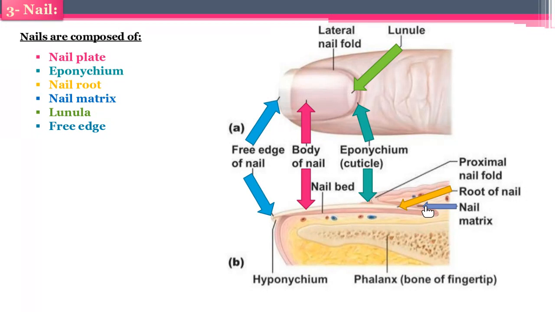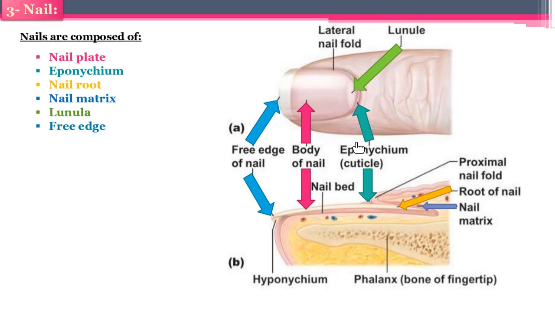So basically the nail is composed of these parts. If you remember the free edge of the nail, the body of the nail, hyponychium, then the lateral end of the nail, these are enough. This comes under the category of the different skin appendages which are present in our body. This is all about the skin.